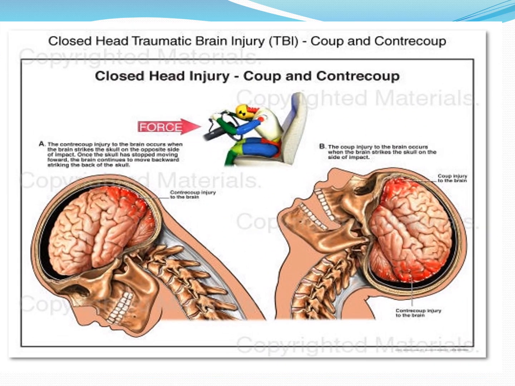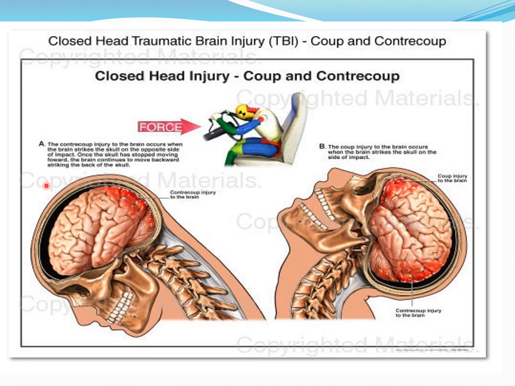This picture is showing a closed head injury in which the coup and contrecoup injuries are shown. You may see in these two pictures, A and B, taken from the example of a driver who strikes his head on the steering wheel.